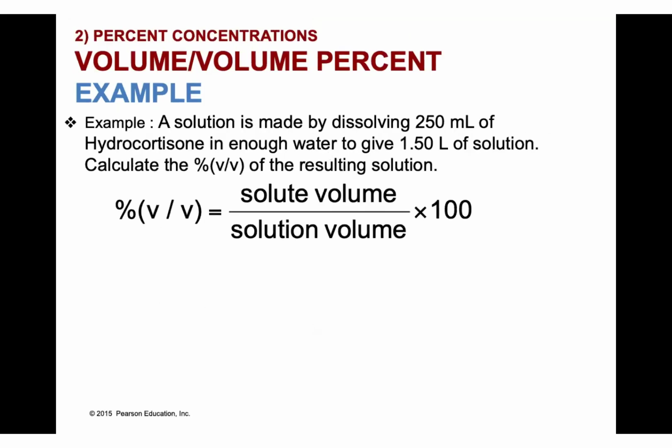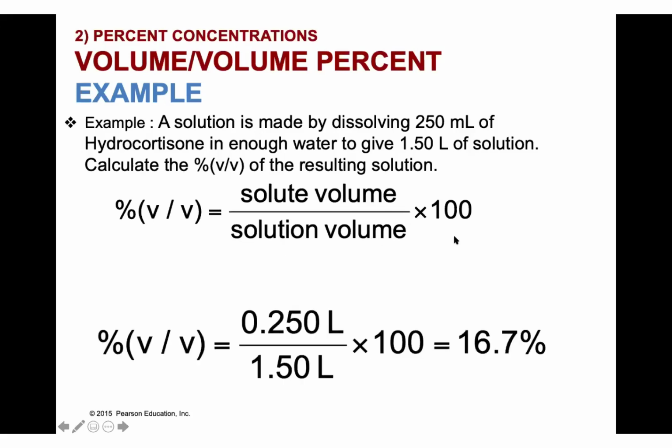Okay, let's go to the last one. A solution is made by dissolving 250 milliliter of hydrocortisone in enough water to give 1.50 liter of solution. Calculate this. When they ask about this, that's the solute volume over the solution volume times 100.